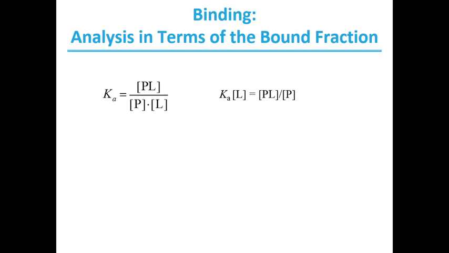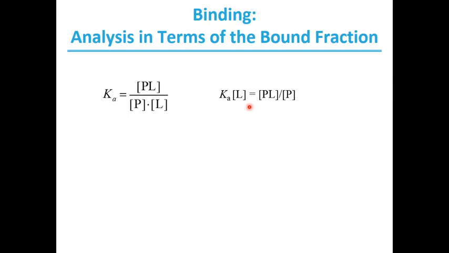To understand the binding of a ligand to a protein, it is important to analyze in terms of the bound fraction. If we consider this equilibrium constant equation and rearrange it, we see that the ratio of bound protein to the free protein is directly proportional to the concentration of the free ligand.